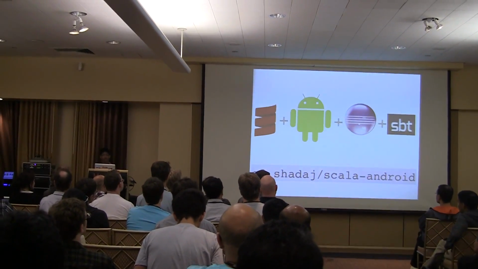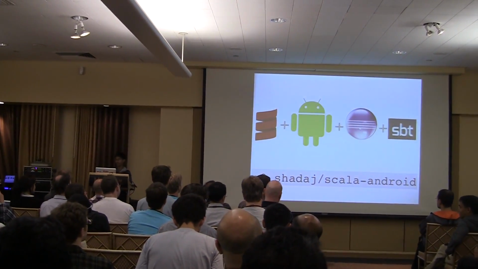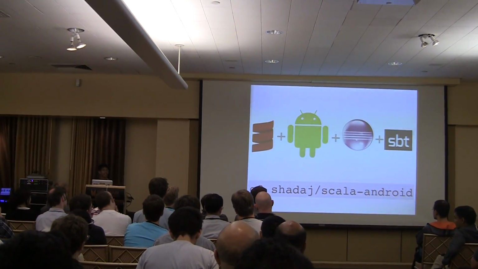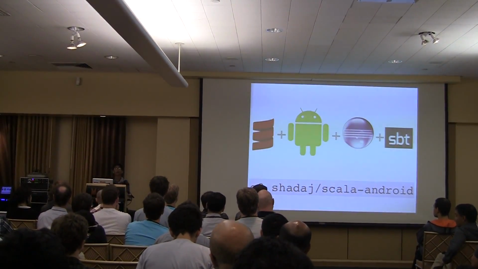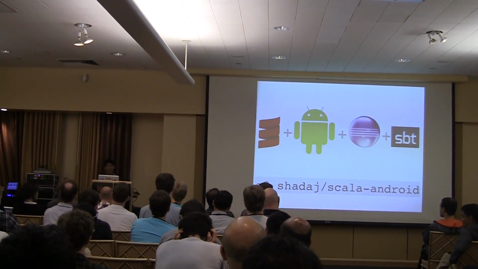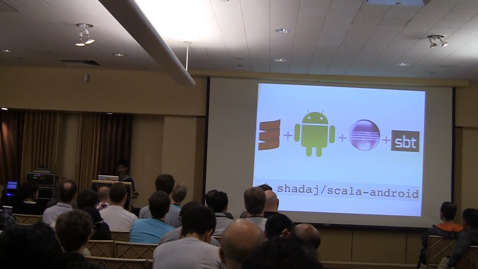And all you have to do to create a project that works out of the box is use this Giter8 template, g8-scala-android. And this isn't just a Scala project that you import and write out some Scala files. You can actually debug and run your Android project directly from Eclipse with this Giter8 template.